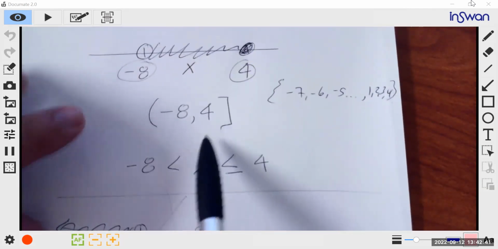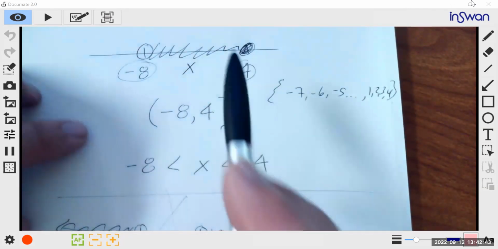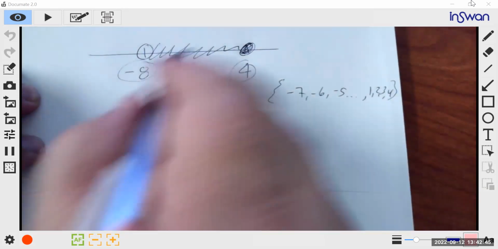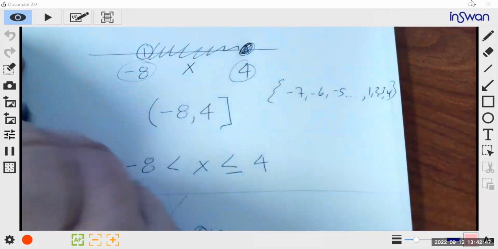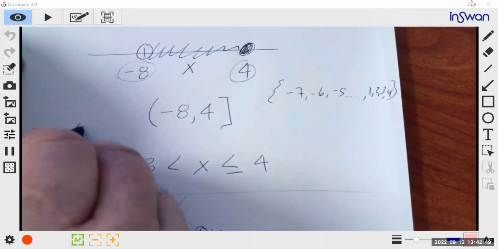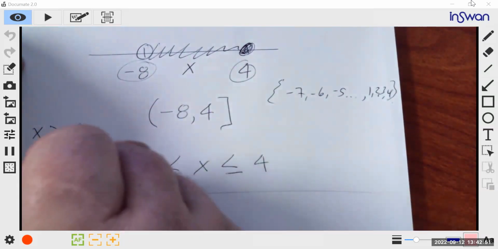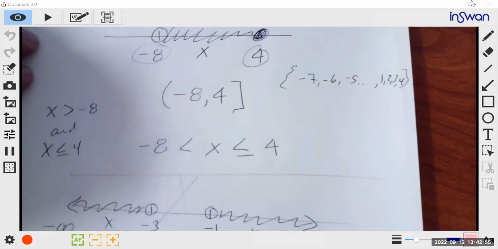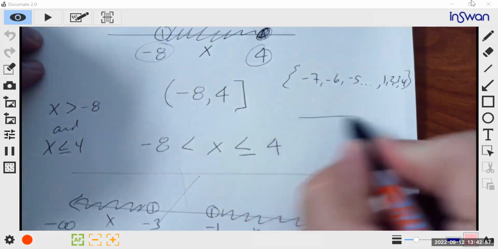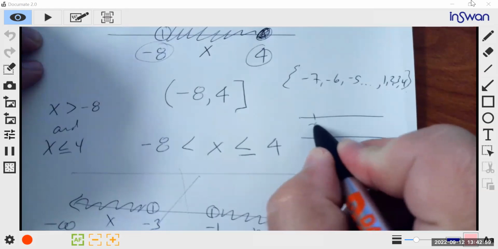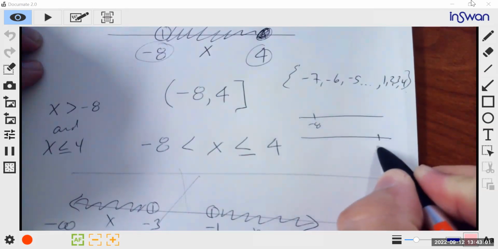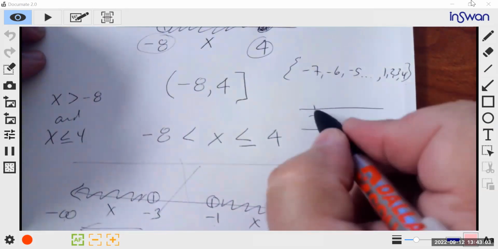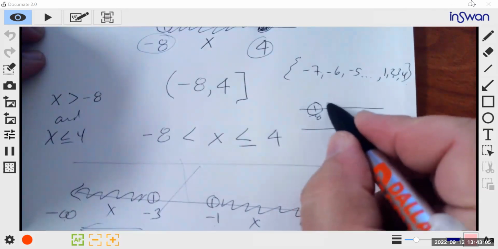What this one does, if it's a finite one from end to end, this one's actually two statements. x is greater than -8, and x is less than or equal to 4. If we look at the graphs of both of those, the -8's there, it's greater than.